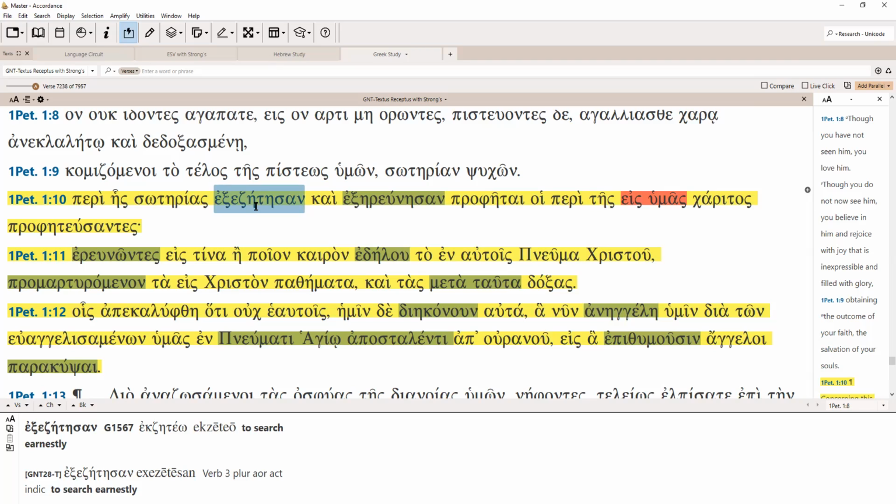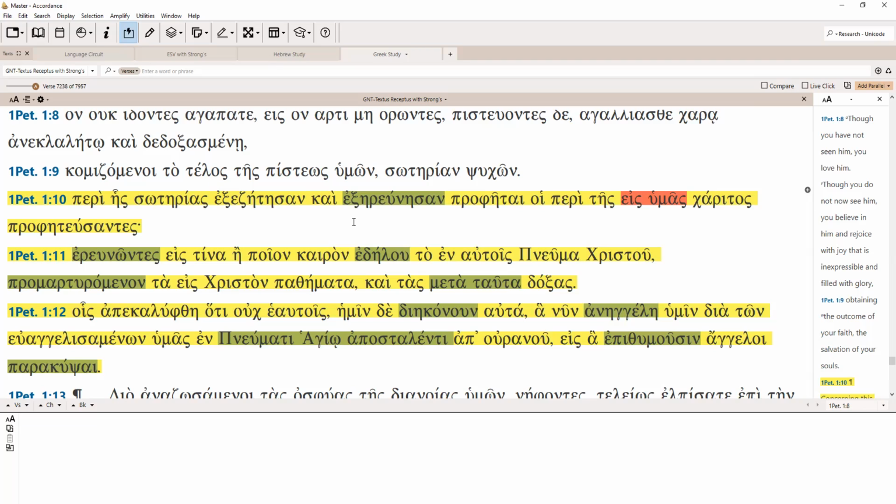And if you add ex, then you got seek out or search out, or to search thoroughly, to search in a very thorough way. Oh, here we have search earnestly. And then we have also another ex paired with another epsilon. This is another epsilon augment, augmented to another epsilon that was already in the word.